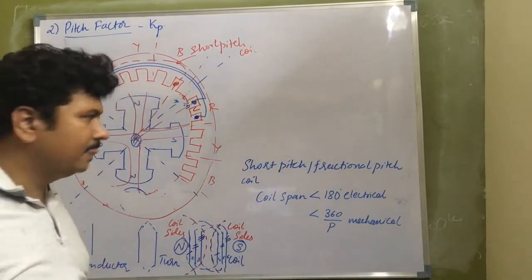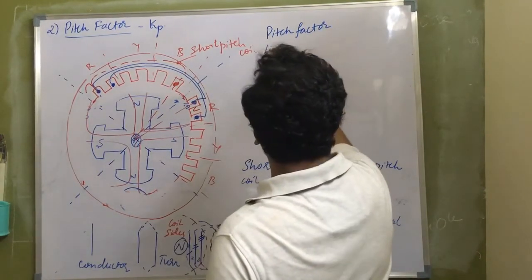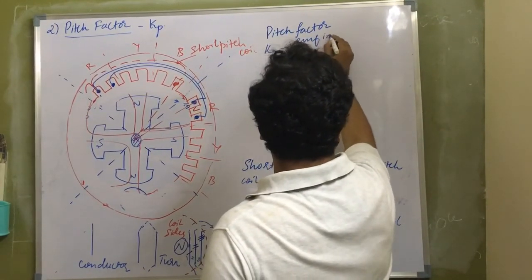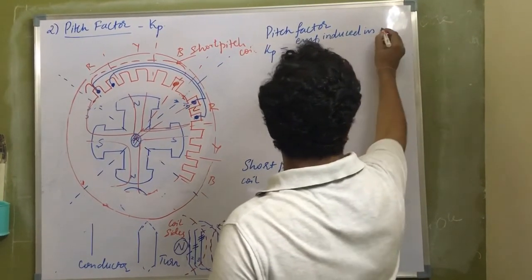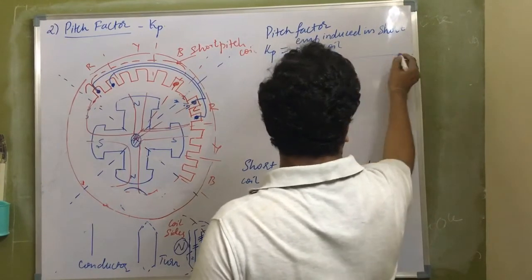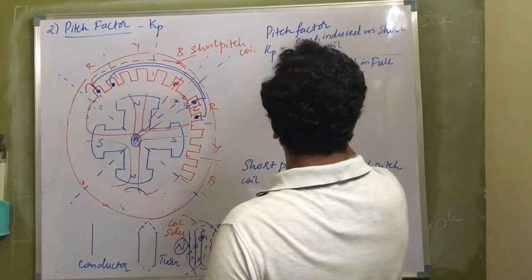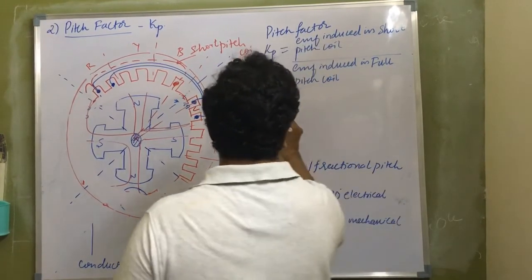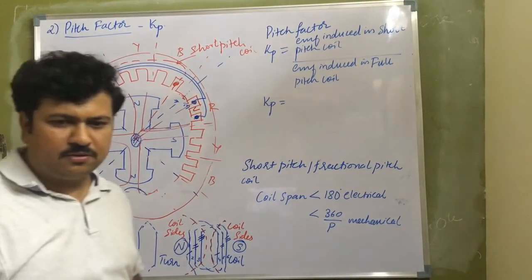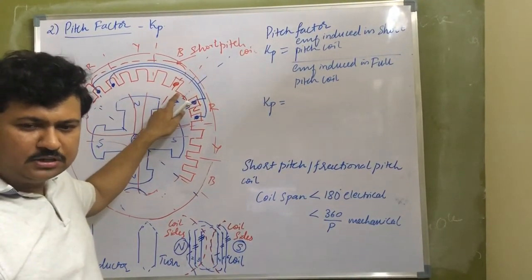Pitch factor Kp is the ratio of the EMF induced in the short pitch coil to the EMF induced in the full pitch coil. The EMF induced in a short pitch coil is always the vector sum, because the coil sides fall under the same pole, and the EMF induced in the same pole is always a vector sum.